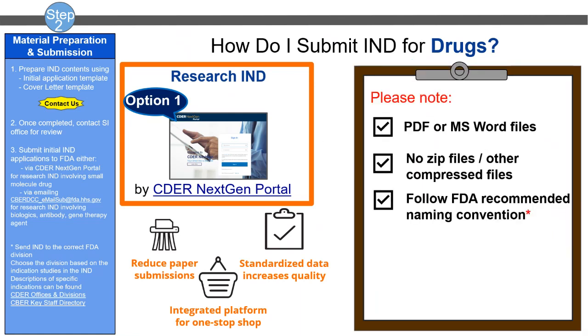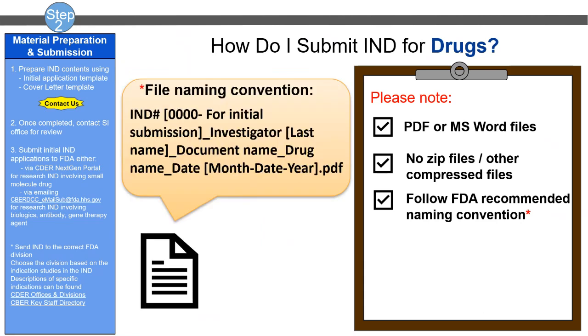Please note things to consider during document finalization for submissions before initiating the submission. Documents must be in PDF or MS Word files. No compressed zip files are allowed. Follow FDA recommended naming convention as seen here.